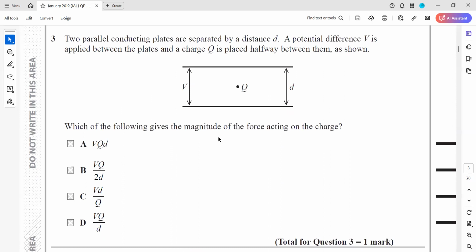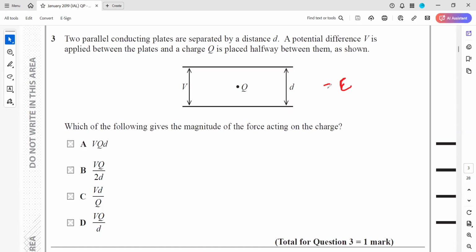Two parallel conducting plates are separated by a distance d. A potential V is applied between the plates and a charge Q is halfway. Which of the following gives the magnitude of the force? First we can find the strength of the electric field.